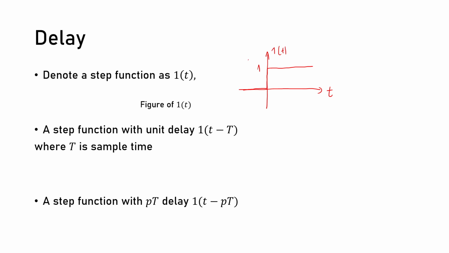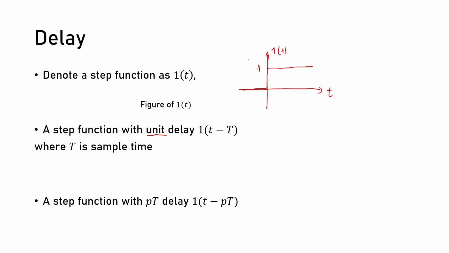What does the curve look like when there is a delay? Here it is a specified unit delay. Unit delay means the delay is only one time step, right?